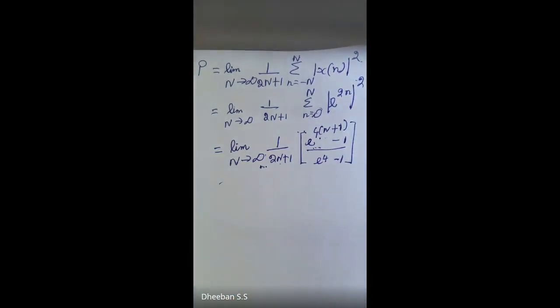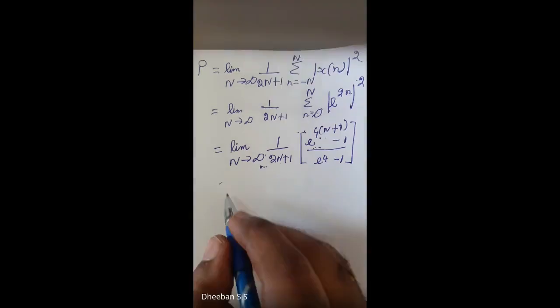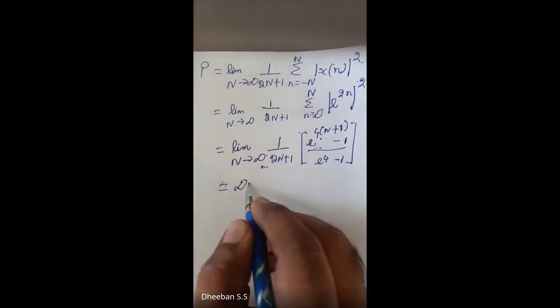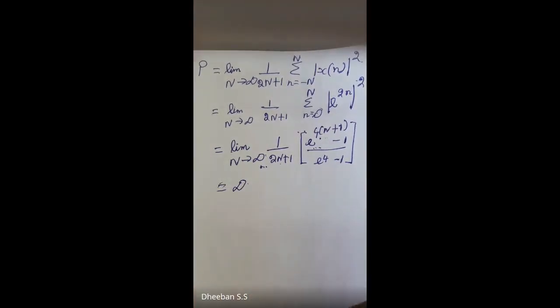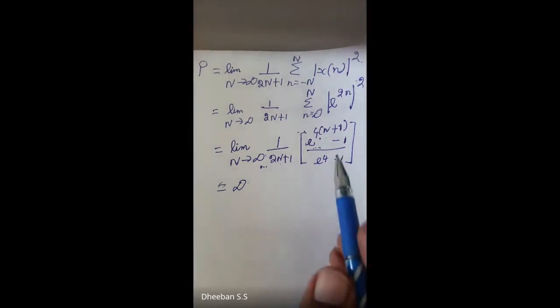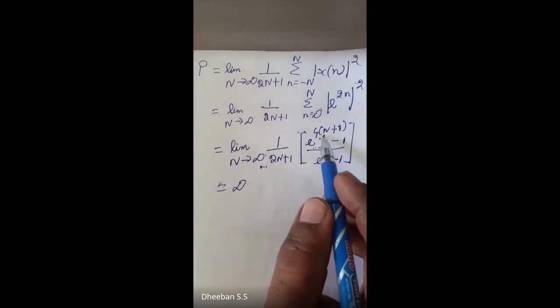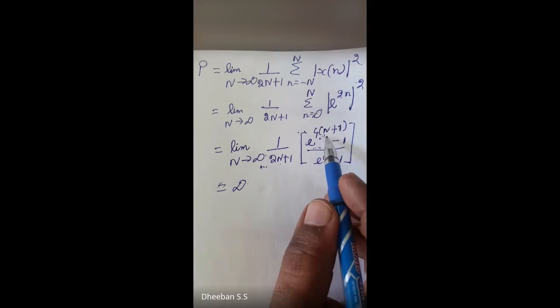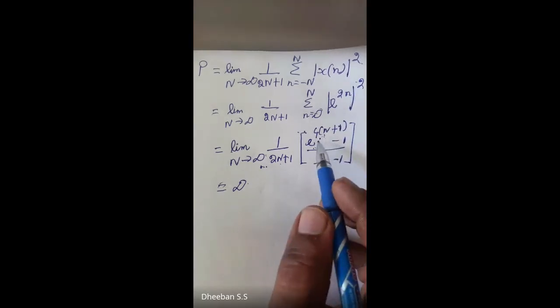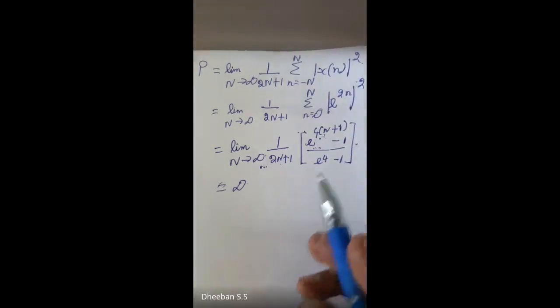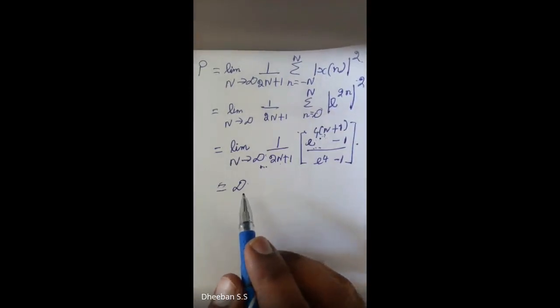So here what happens is the e power n tends to infinity, it becomes infinity. Okay. So why in the sense means here this e power 4n will be in this. It gets subtracted from this one. Okay. So you'll be getting this infinite.